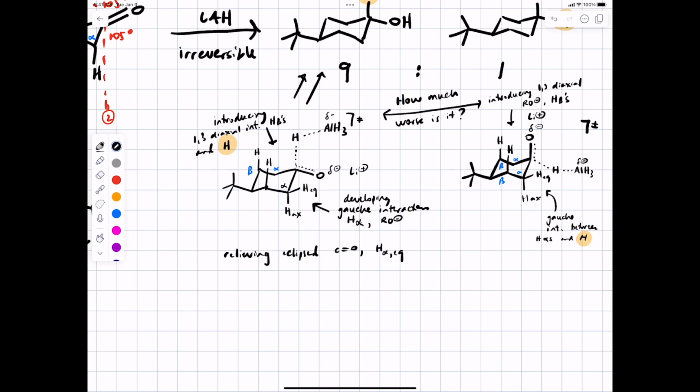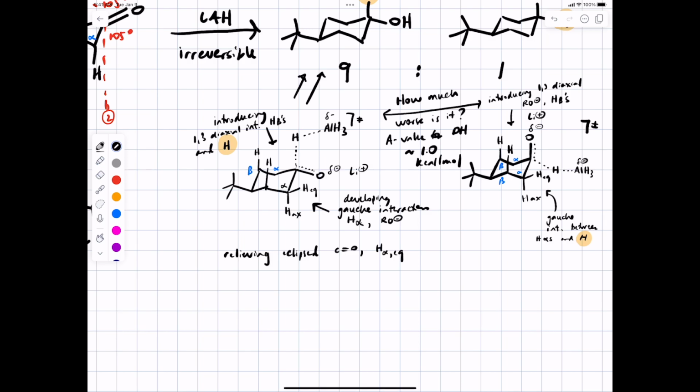Okay, so I'm looking up the A value for oxygen. I don't know whether it should be OH or something slightly bigger than OH because it's maybe got a lithium chelated to it. So let's just go ahead with the A value for OH being around 1 kilocalorie per mole.